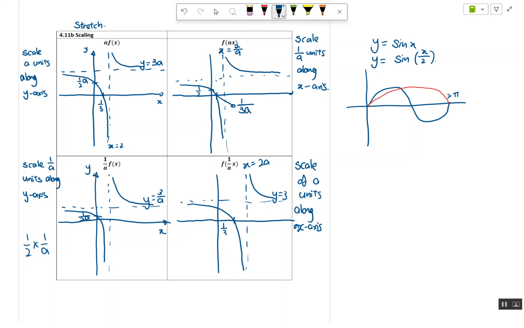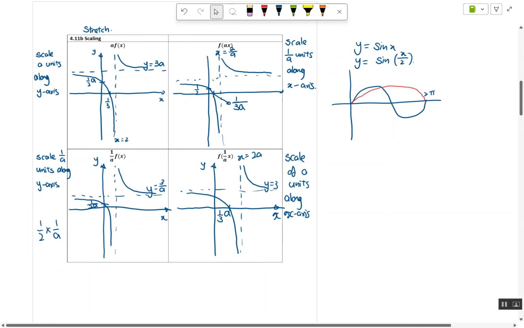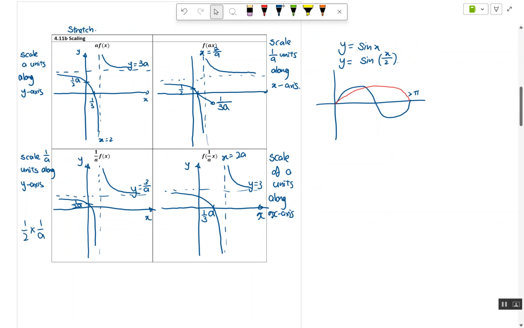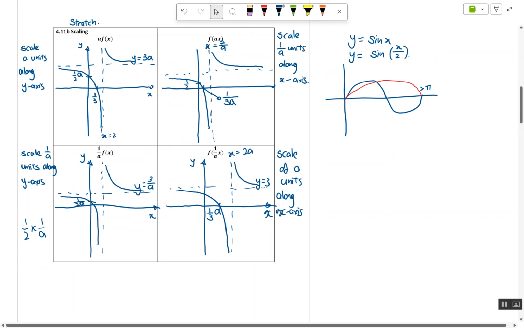This guy is 1 over 3 times a. Okay? Later I come to you. So remember when you make changes to the x, it's always different.